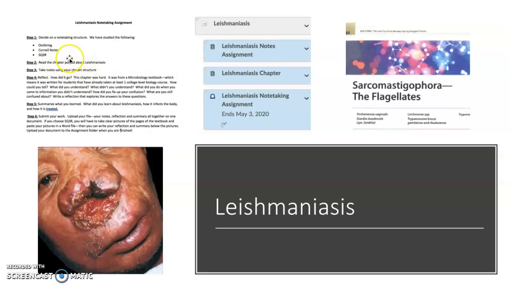Then you're going to read and learn all about Leishmaniasis and take notes while you're reading. And then you're going to do a little bit of a little reflection, and this should all be on the same document. This is not a long reflection, but answer these questions and reflect on how it went reading this chapter.